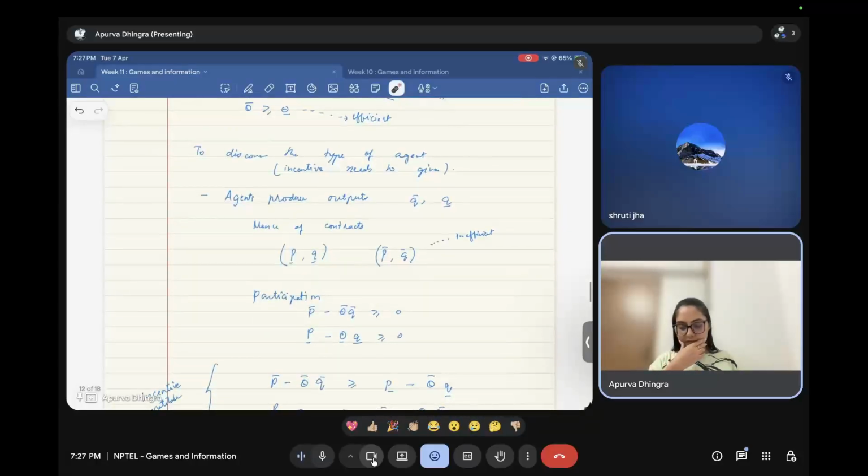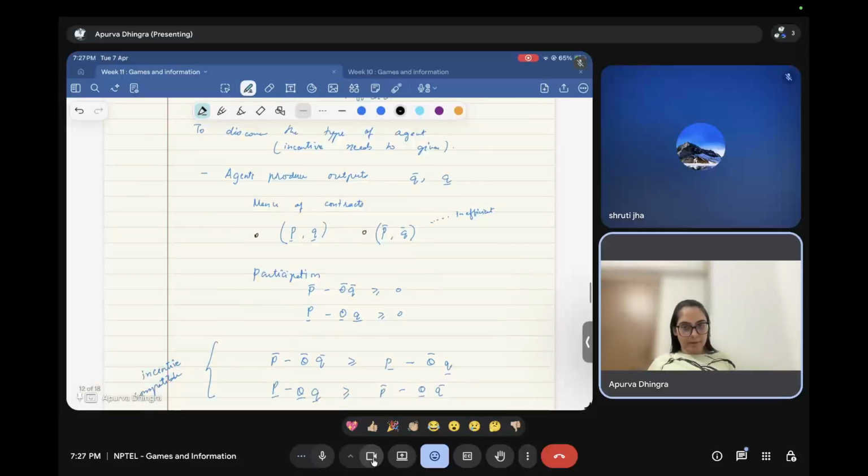So one example is, the agent is supposed to produce the following outputs. This is for the efficient player, this is for the other player. So these are the two option contracts. Now let's assume the agents can see the two contracts and choose between them, and they both have a participation constraint.